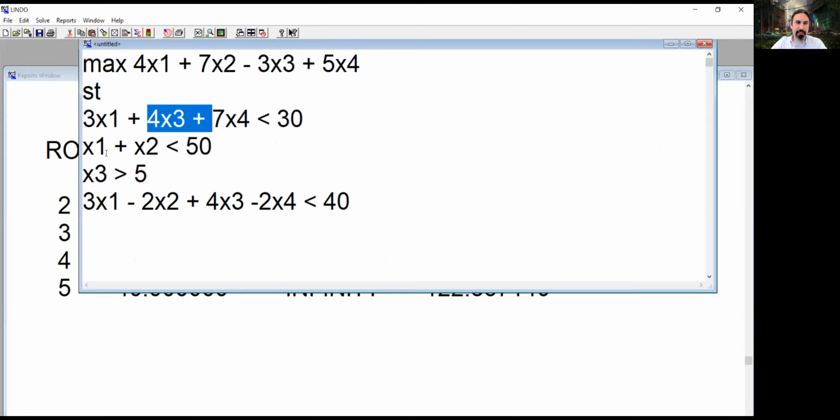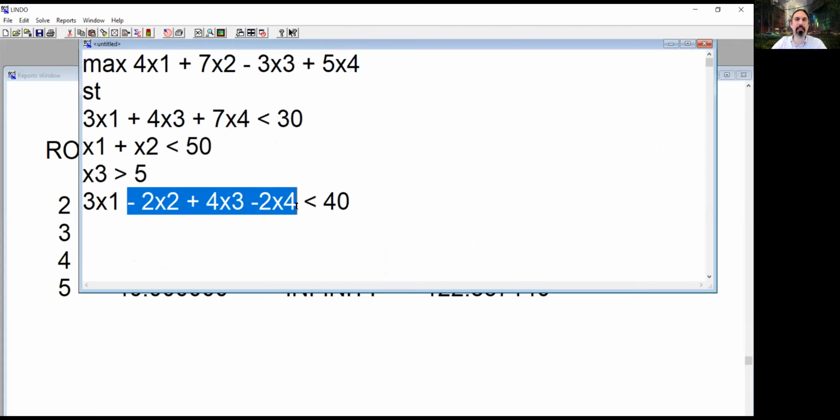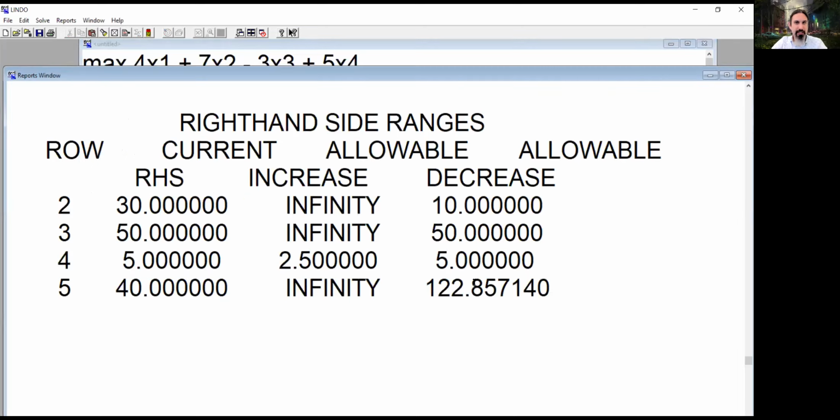There were no negative signs here, so I cannot go into the negative values with these ones. But in here, there are negative signs on the left-hand side, so I can go into negative values because this is probably something that is not a raw material. You cannot consume -2 raw materials, like here. So it just allows me to go into minus values anyways.